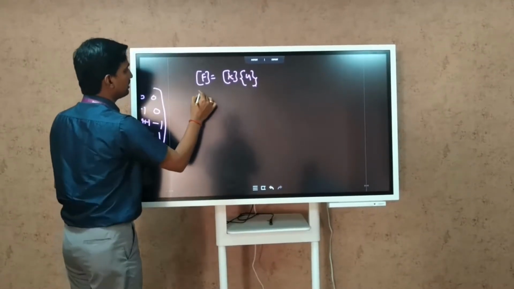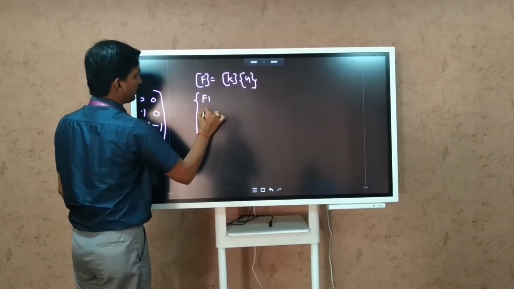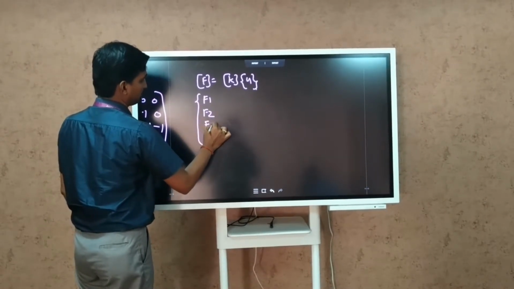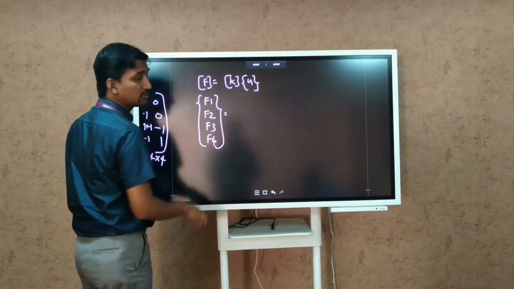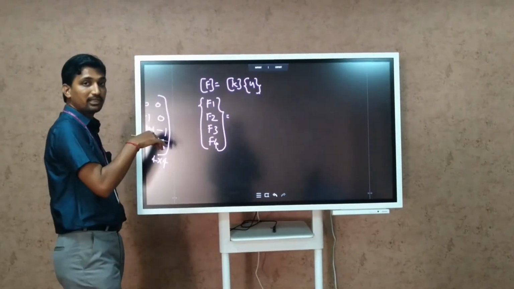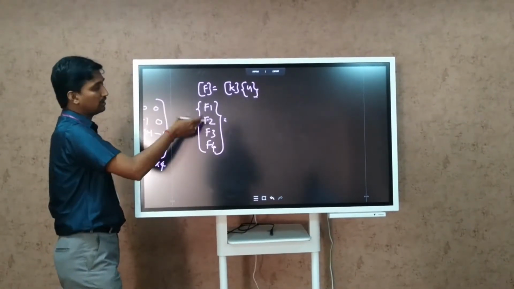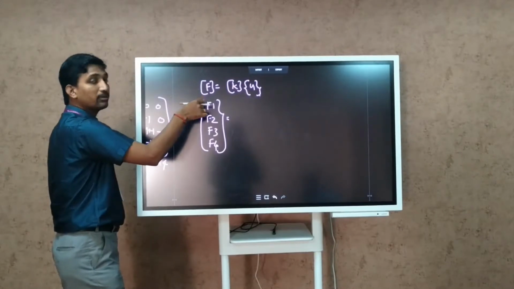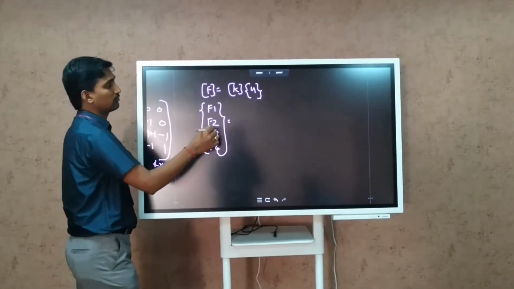See, here actually it has been substituted with 4 types of forces, because this particular element has been categorized with 4 nodes. That's why I am assuming that each node has been subjected to force 1, force 2, force 3 and force 4.